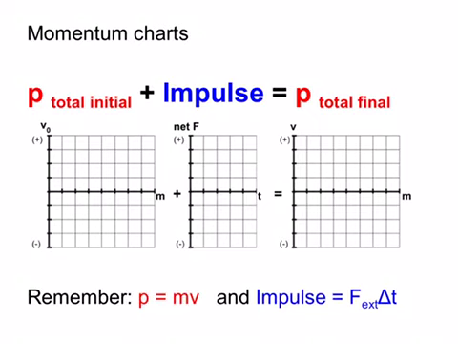In the previous unit, energy, we only cared about the heights of our energy columns. So now in momentum, since momentum can be positive and negative based on direction, we have to have a bar graph in the bottom too to account for the negative momentum.